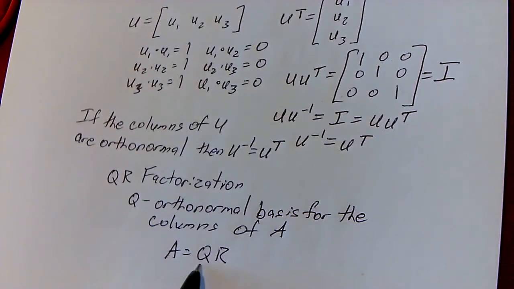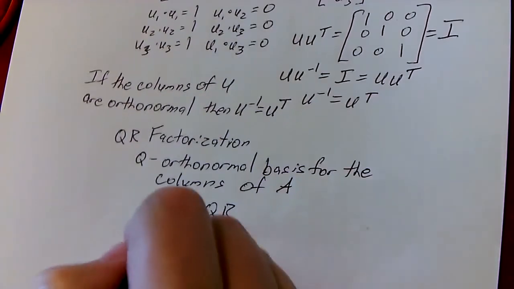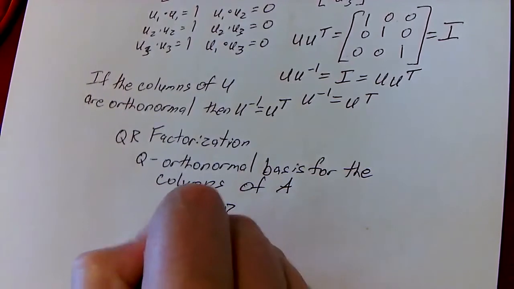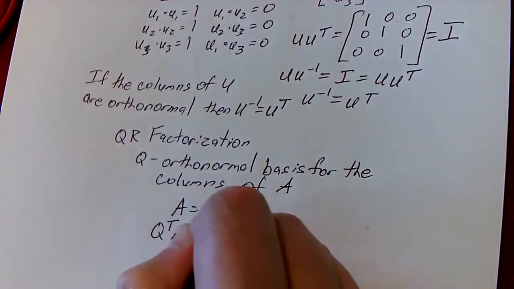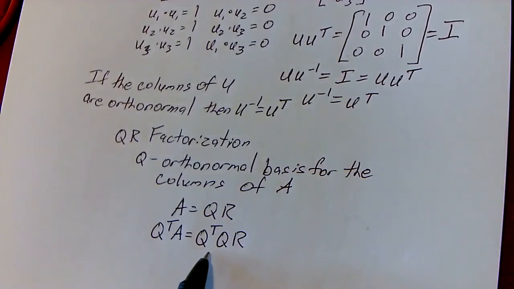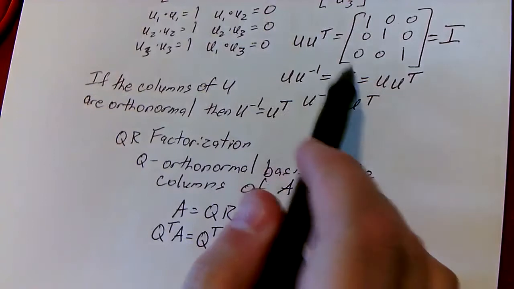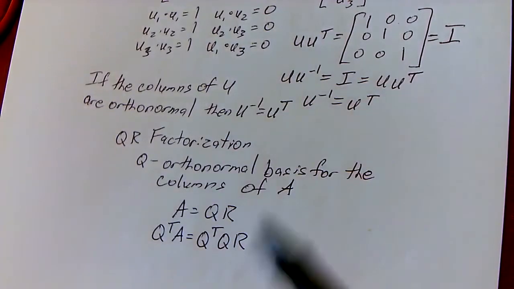I know Q is going to be orthonormal. So then I can multiply both sides by Q transpose on the left. Q transpose Q I know is the identity, again, because it's orthonormal, so it's the U in this example.